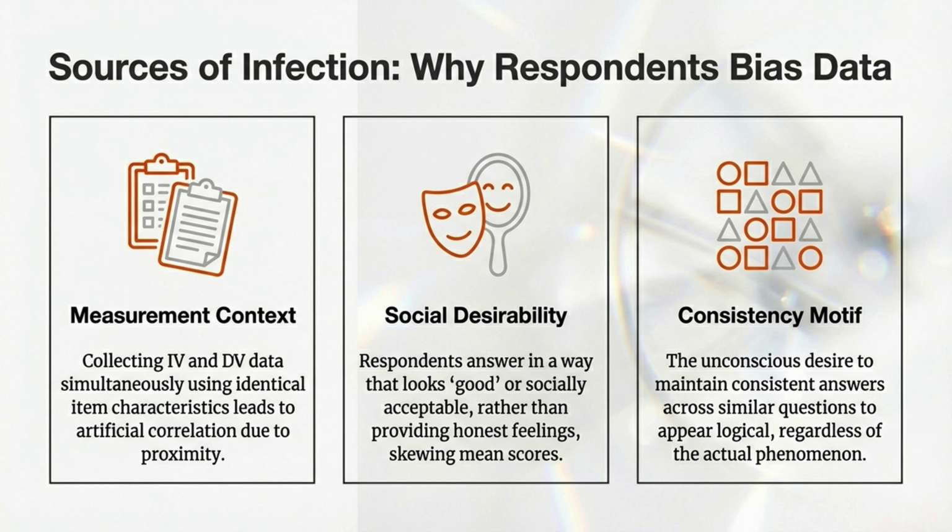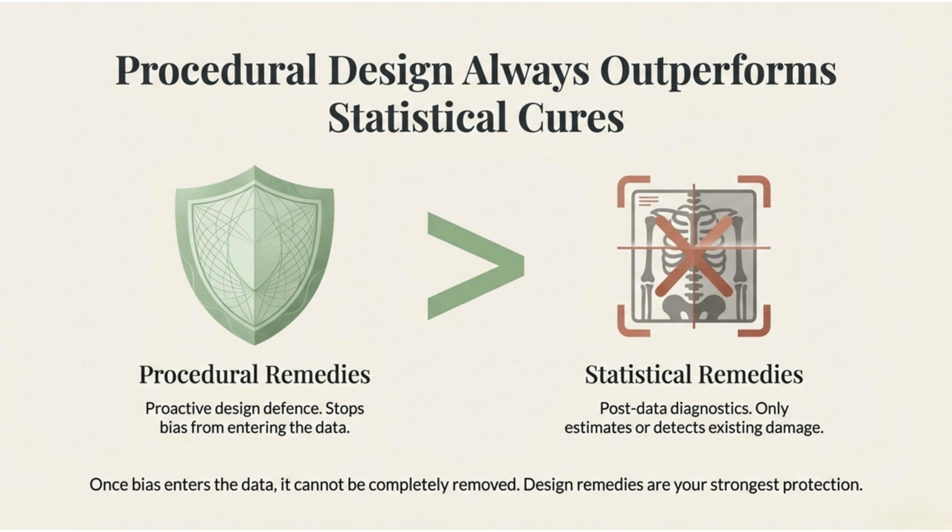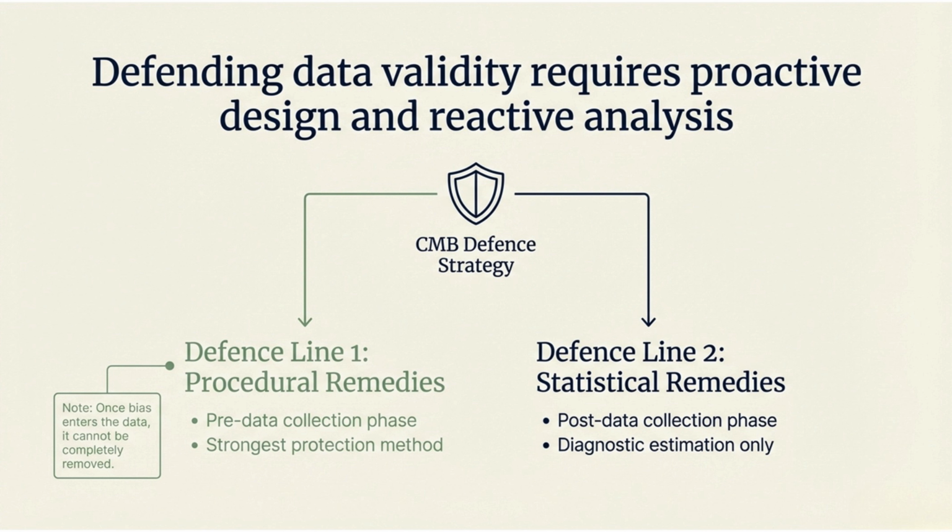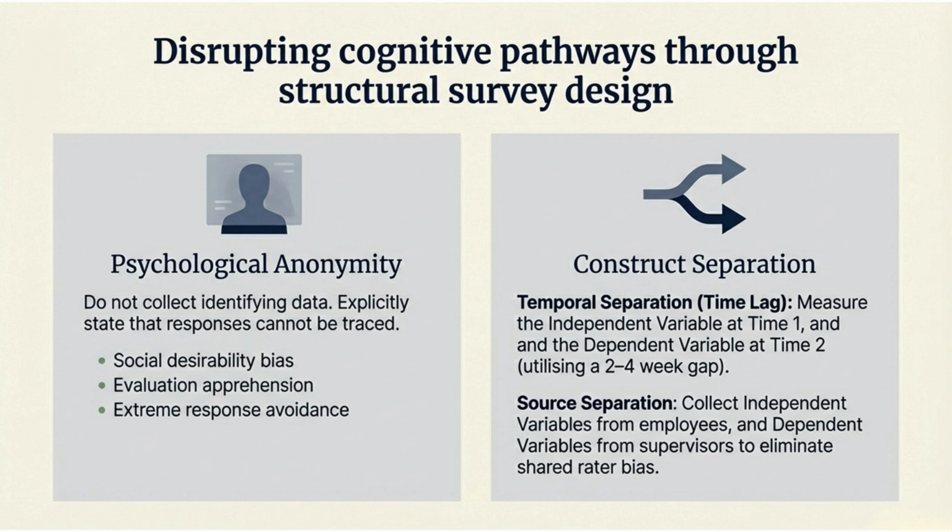So how can you avoid this CMB? You can use procedural remedies at the design stage, where the strongest protection can be given. Design remedies are always preferable, because once the bias enters the data, it cannot be completely removed. You can also ensure psychological anonymity, which reduces social desirability bias, evaluation apprehension, and extreme response avoidance.